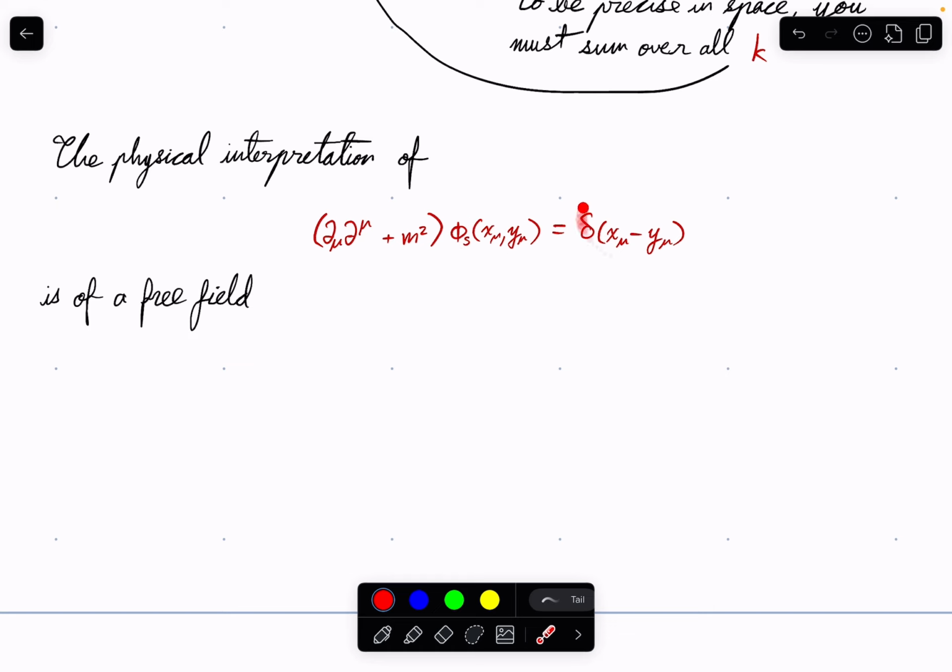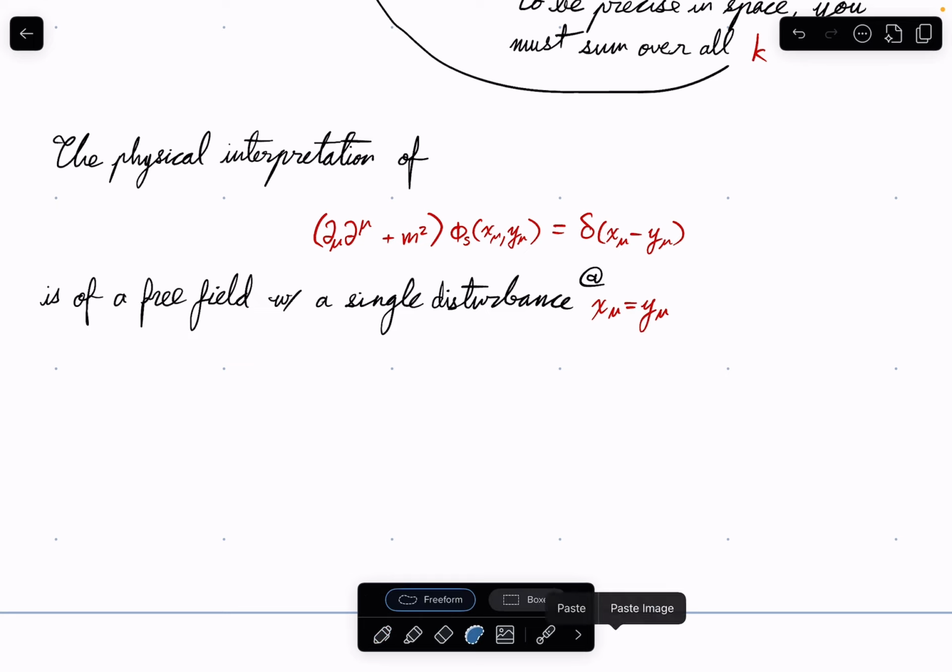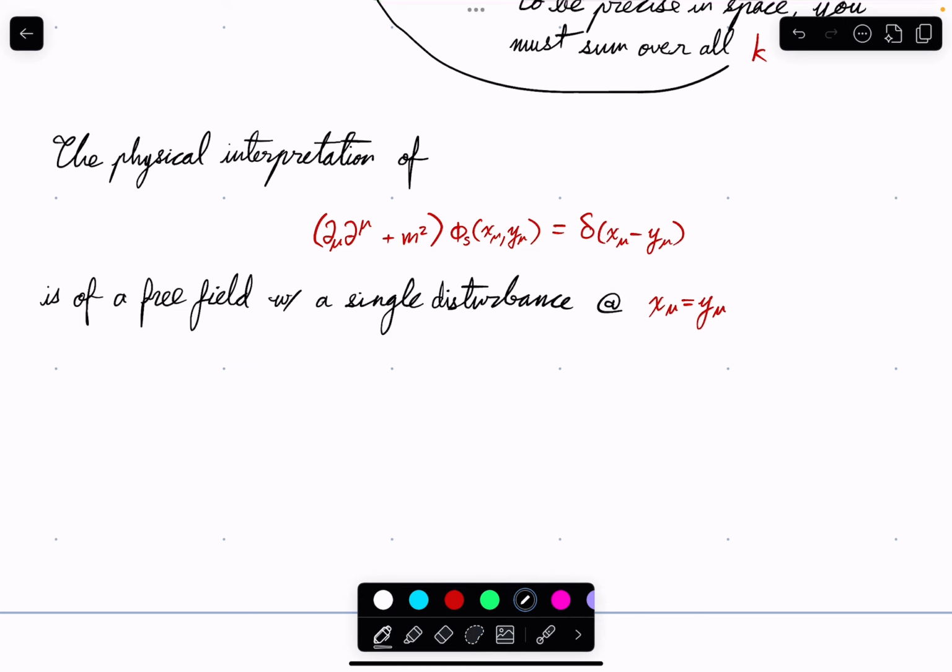This basically is zero everywhere except for a single point. So it's essentially a free field, except there's one disturbance. So it's a free field with a single disturbance at x mu equals y mu.